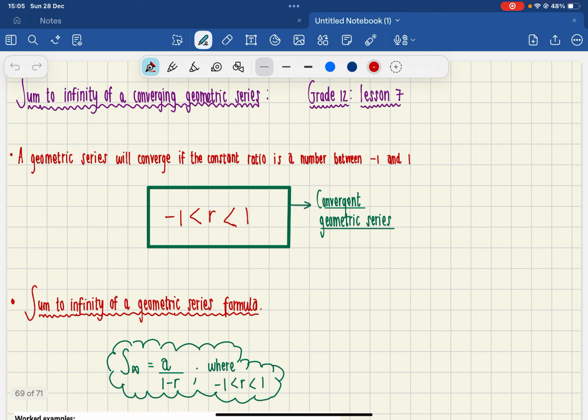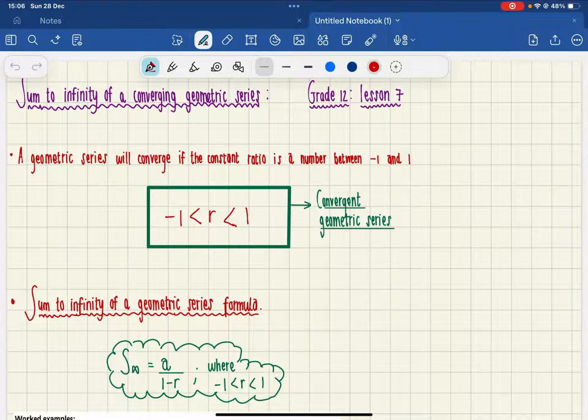Now, boys and girls, for a convergent series we are able to calculate the sum to infinity. You know how in a geometric series, at times we can calculate the sum of the first 150 terms. In an arithmetic series, we can calculate the sum of the first, I think, 1,000,000 terms.